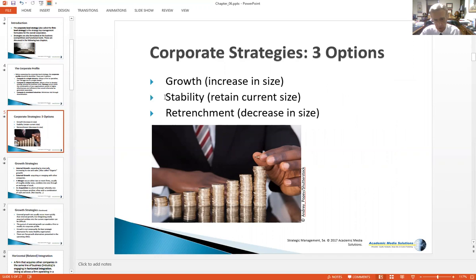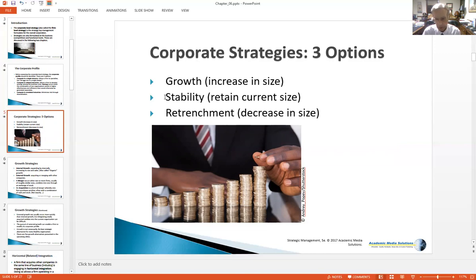To be honest with you, I've helped a lot of companies in my career do their strategic planning, and I've never seen one plan to remain the same in size. And that's because costs continue to go up over time. So if your revenues don't go up, then profit margins get narrower and narrower.